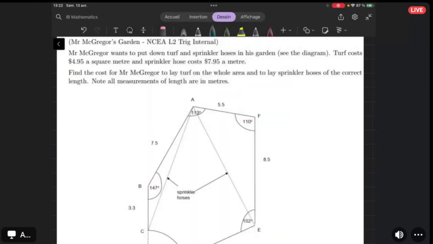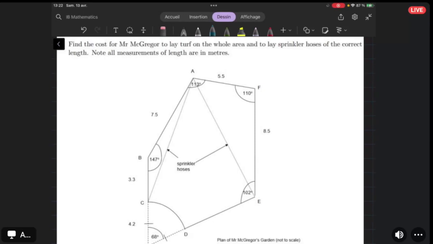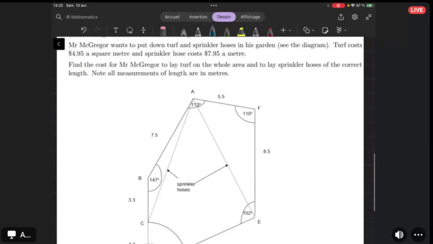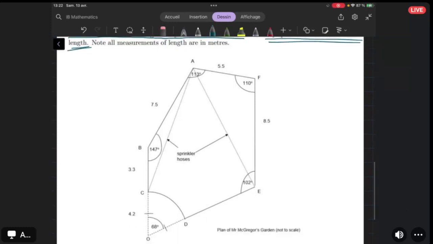All right, so this question has two parts. One, find the cost for Mr. McGregor to lay turf on the whole area and to lay sprinkler hoses of the correct length. The second part seems to be a lot easier than the first part because all you need to know is the length of AC and the length of AE. How do we find AC and AE?